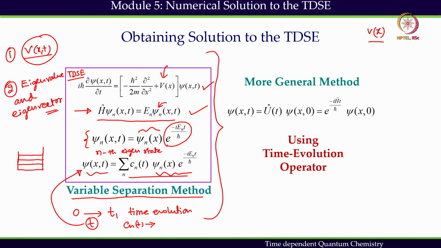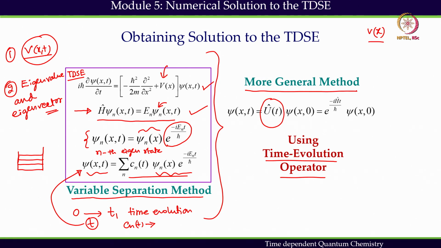So, we need a more general approach to solve this TDSE, and the general approach is to use the time evolution operator. This is called the time evolution operator. This U(t) represents the time evolution operator.